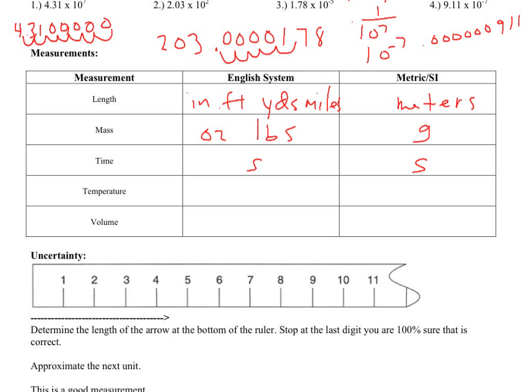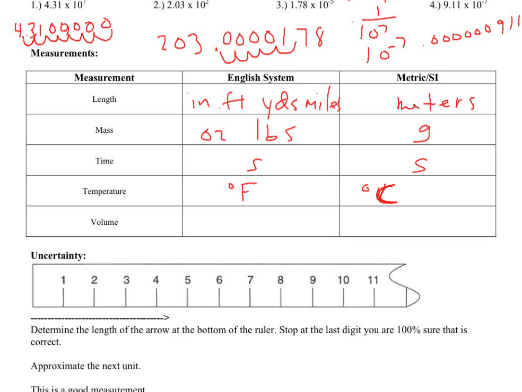Okay, temperature on the other hand, so English system, right? We talk about Fahrenheit. Metric system, we're talking about degrees Celsius. Okay, and just as another point of emphasis in terms of why the metric system is better, think about it this way. What is the freezing point of water in Fahrenheit? That's 32. The boiling point of water in Fahrenheit, that's 212. Okay, again, kind of random numbers.